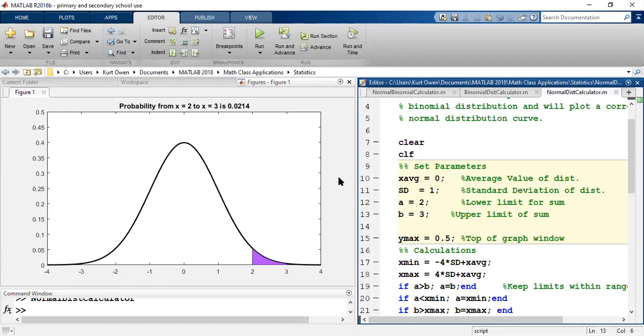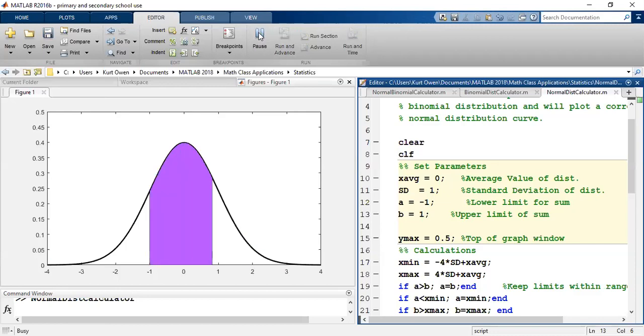So let's go back and put in some negative numbers here. What if we were to go from -1 standard deviation up to 1 standard deviation? This will correspond to what the book shows in one of the blue boxes. It said about 68% of the data falls between 1 standard deviation below the mean and 1 standard deviation above the mean.